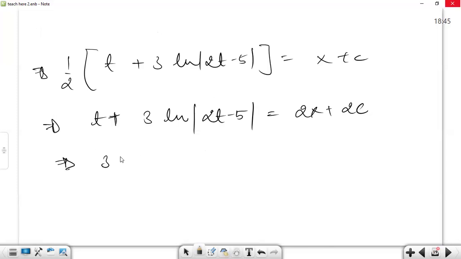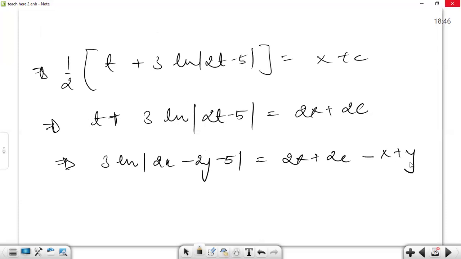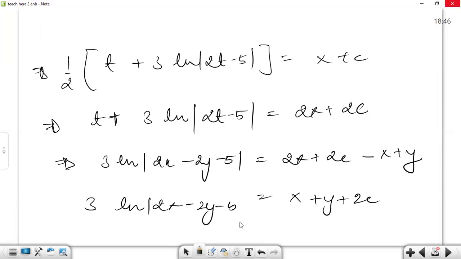So let's bring the t in: 3 ln of (2x minus 2y minus 5) is equal to x plus y plus 2c. So this is our answer.